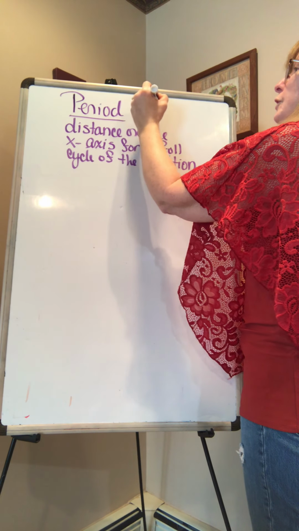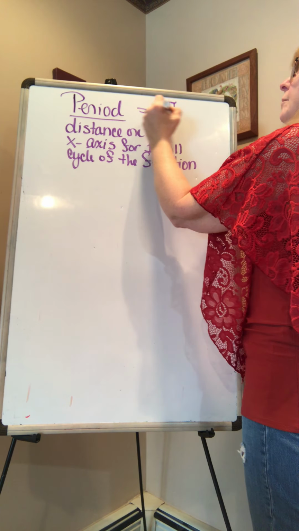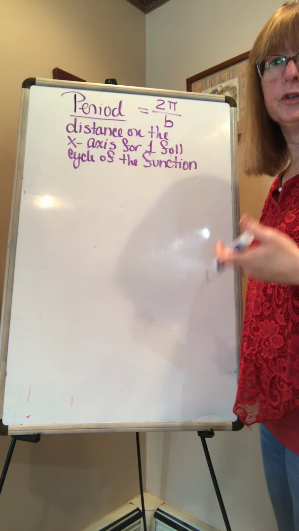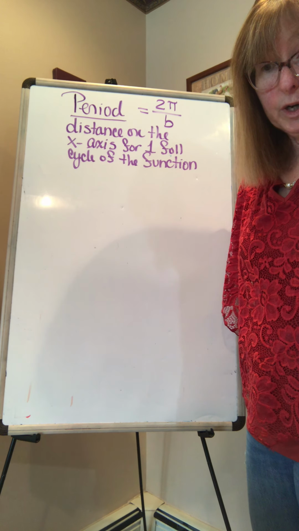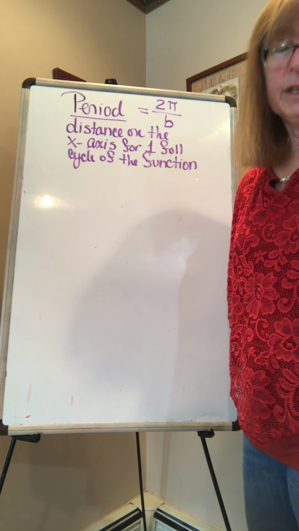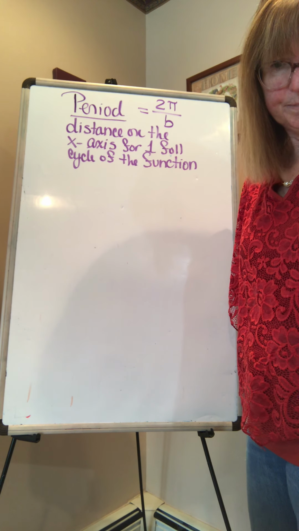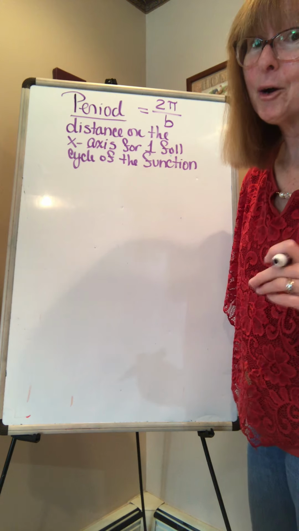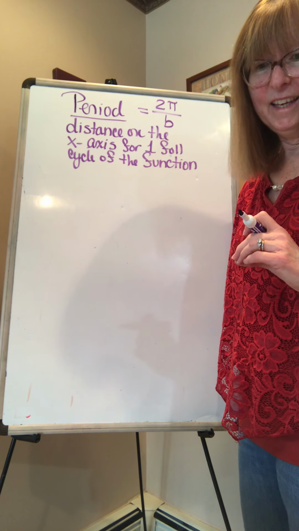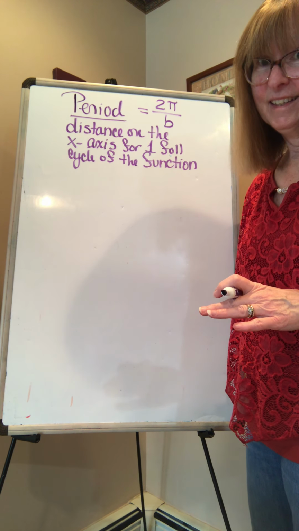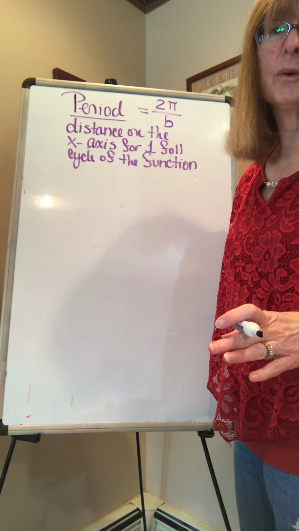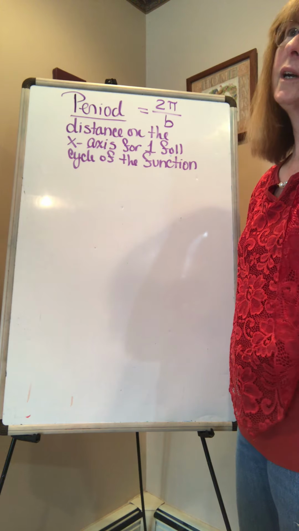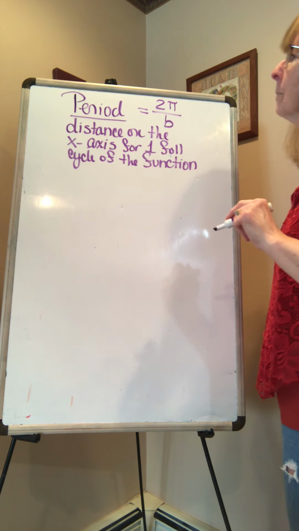Period comes from 2 pi divided by the frequency. So if the frequency is 1, between 0 and 2 pi, you're going to have one full cycle. But the frequency isn't always going to be 1. And here's another one. The frequency is not always going to be in nice numbers. Sometimes the frequency is going to be given to you in terms of a radian angle. So we're going to have to take a look at that.